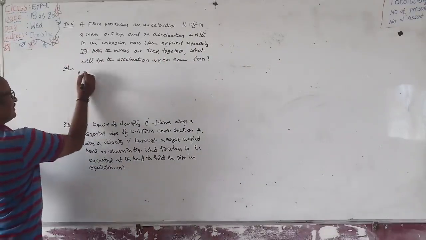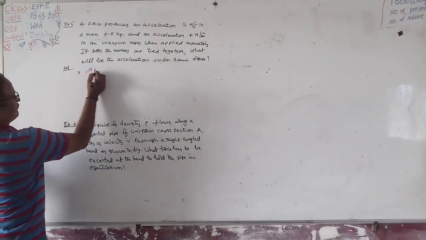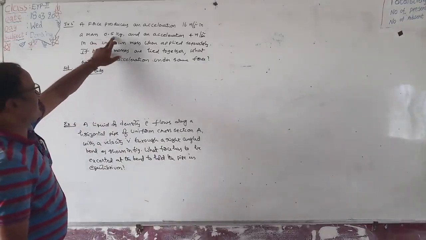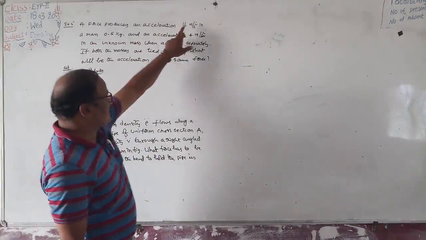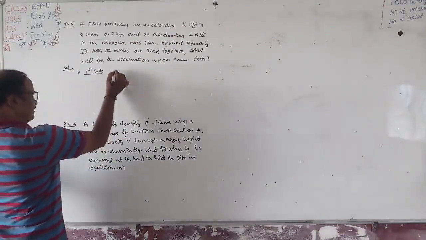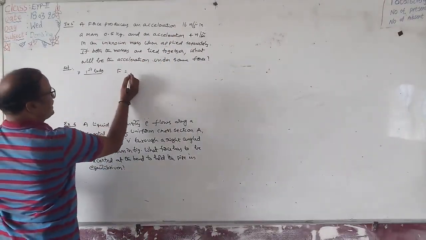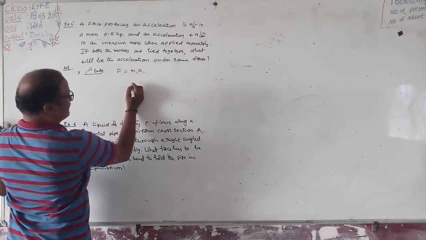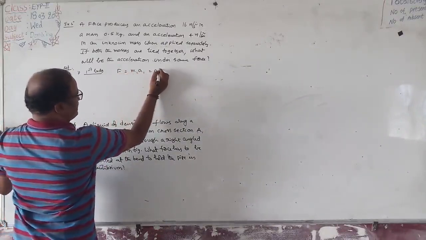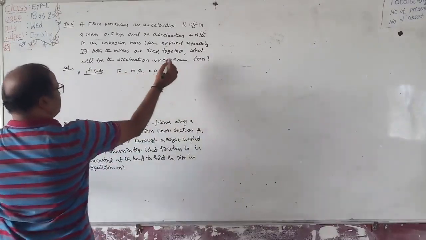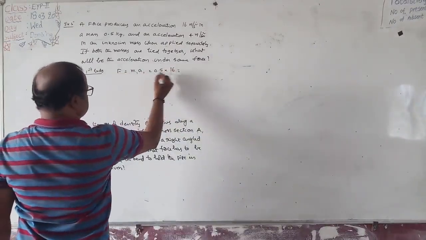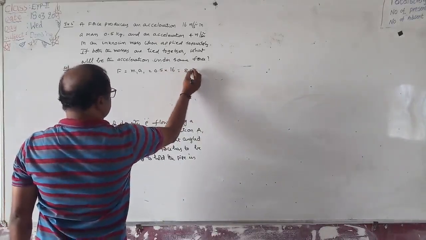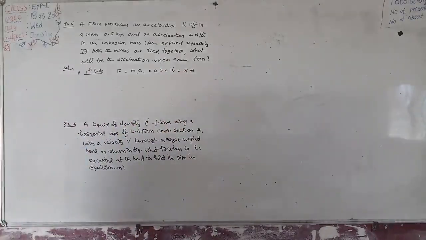First, for the first body alone, mass is 0.5 and acceleration is 16. The force acting on the first body is given by F equals m1 a1. m1 is 0.5 and a1 is 16. It is equivalent to 8 newtons. Force is equivalent to 8 newtons.